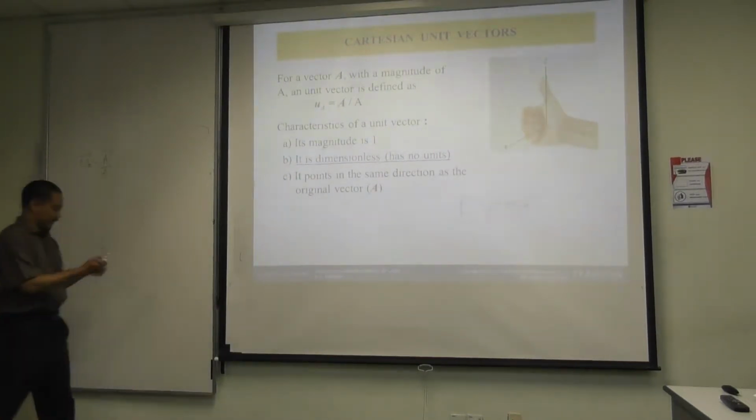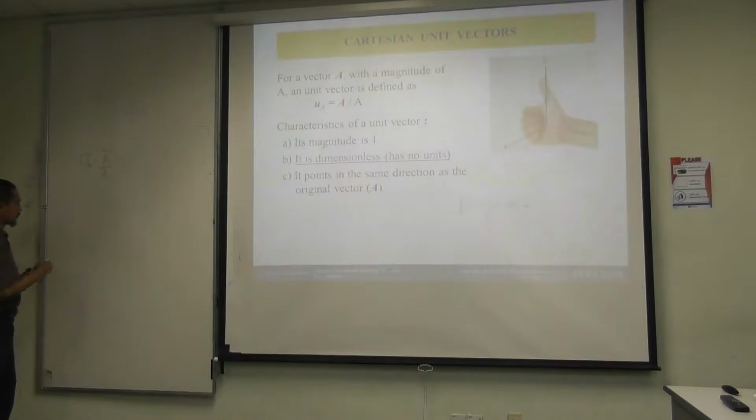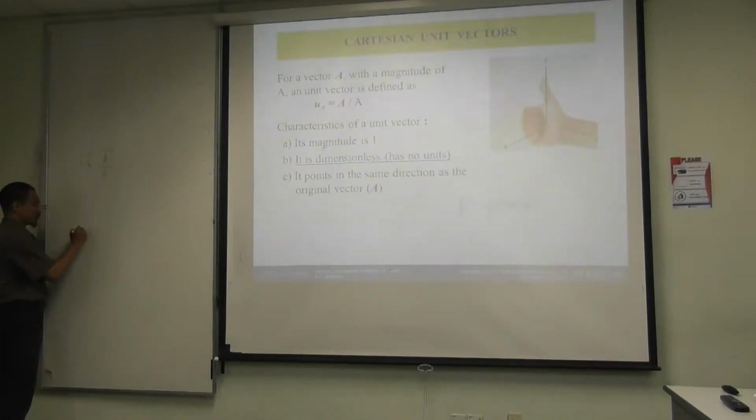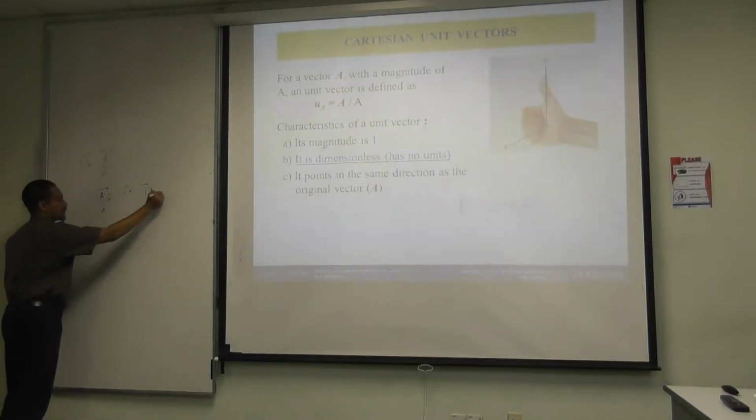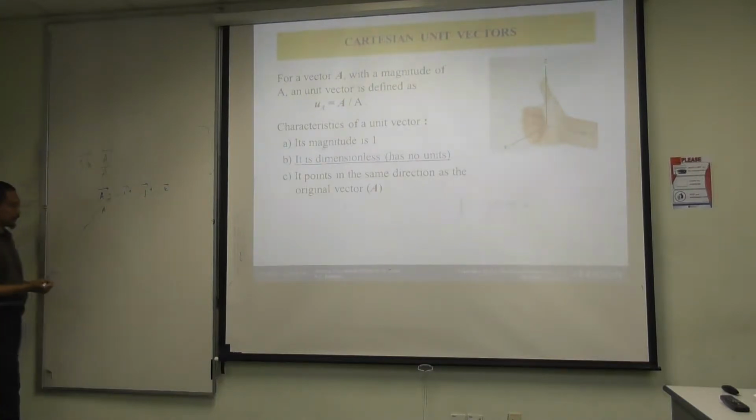Meaning that if we put it another way, if this is a magnitude of A, meaning the magnitude of this vector is A, in vector notation it will be something i plus something j plus something k in 3D, for example.